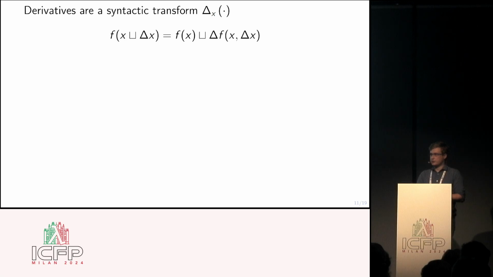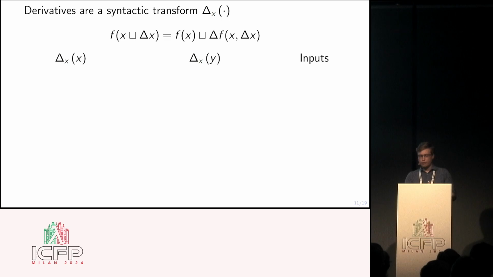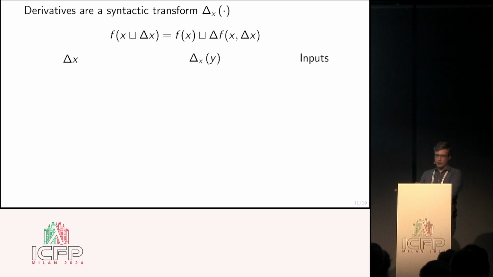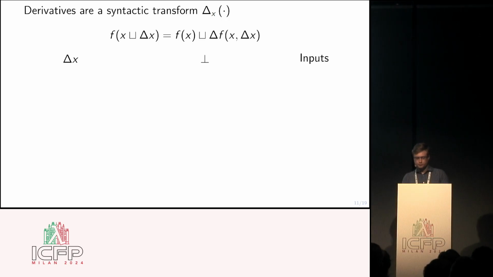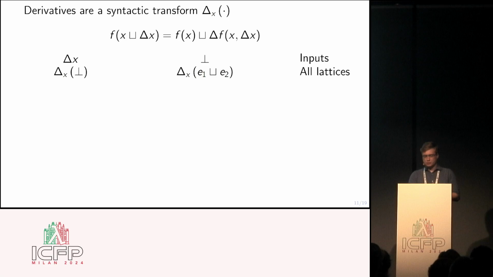Well, it's just a syntactic transform over the computations. For inputs, if we take the derivative with respect to x, that's just the change in x. If we take the derivative with respect to x of a different input, y, well, y doesn't refer to x, so it can't change with respect to x. So that's just vacuous. It's empty. Similarly, for all lattices, we get the same thing for the derivative of bottom.